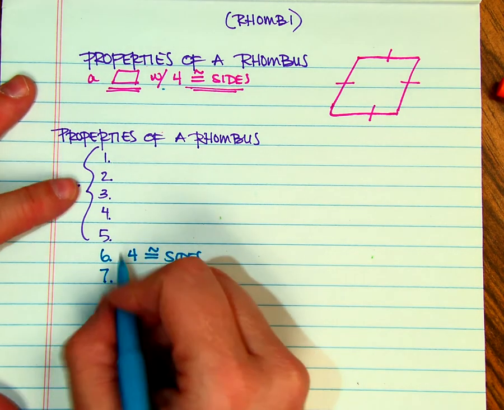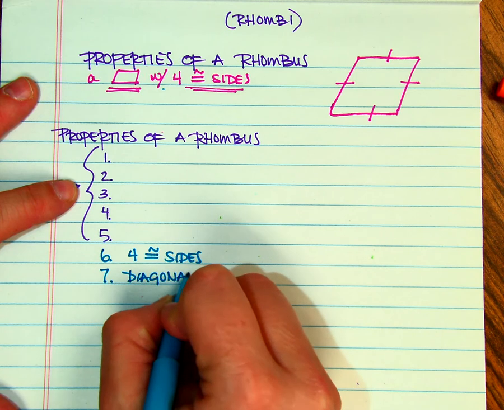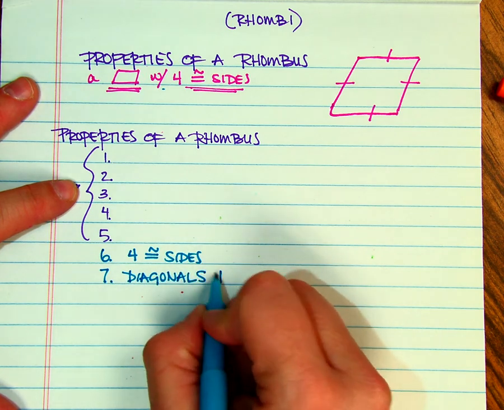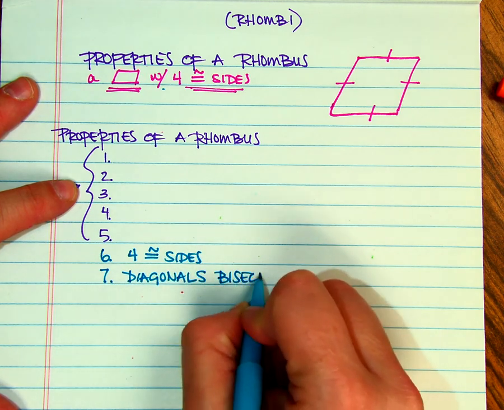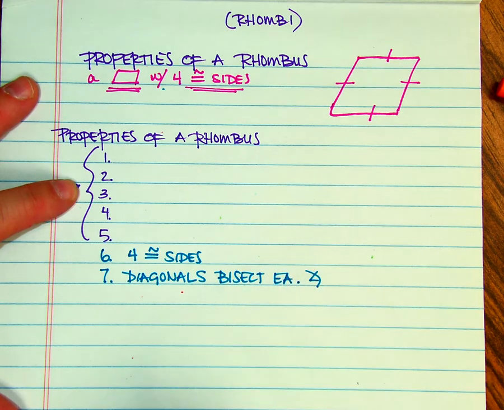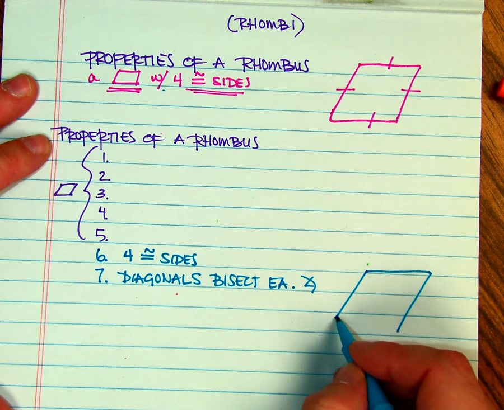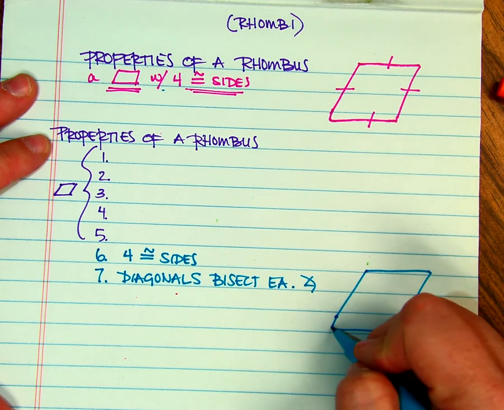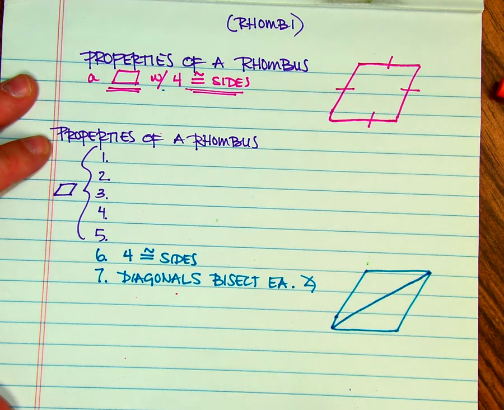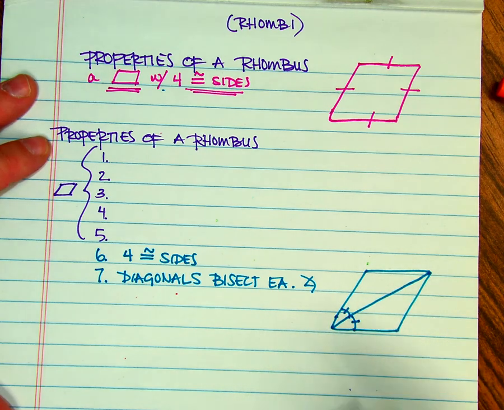but you also have diagonals that bisect each angle. So that means that if you know that this is a rhombus and you have a diagonal, that does mean that these angles are congruent.